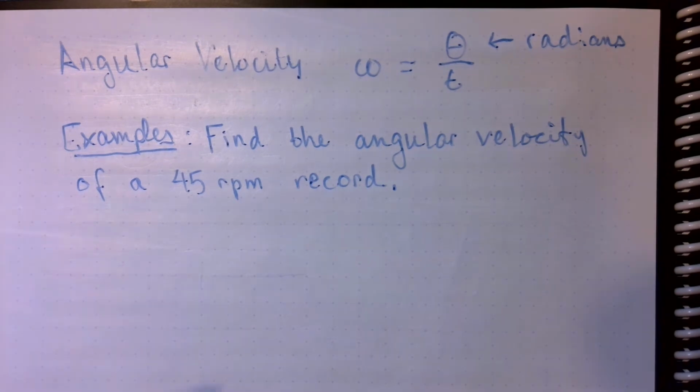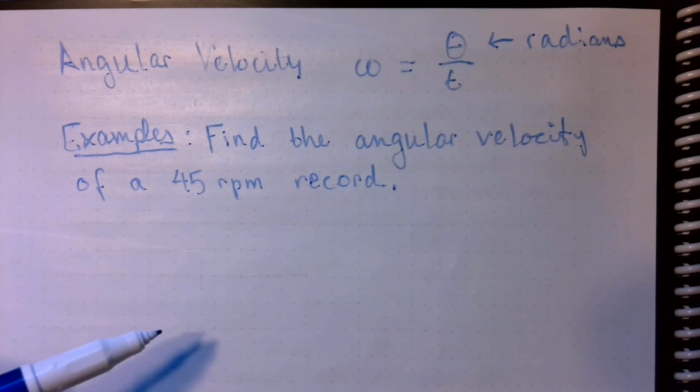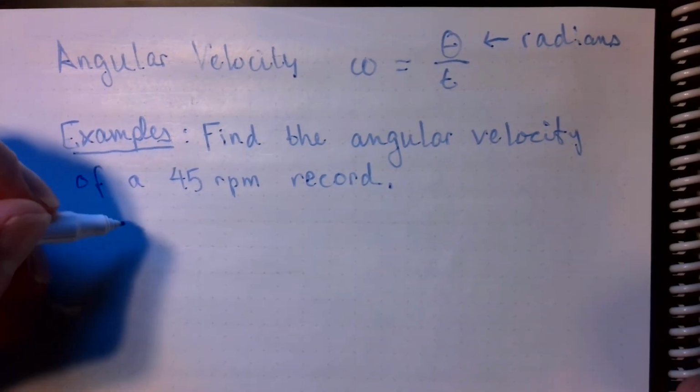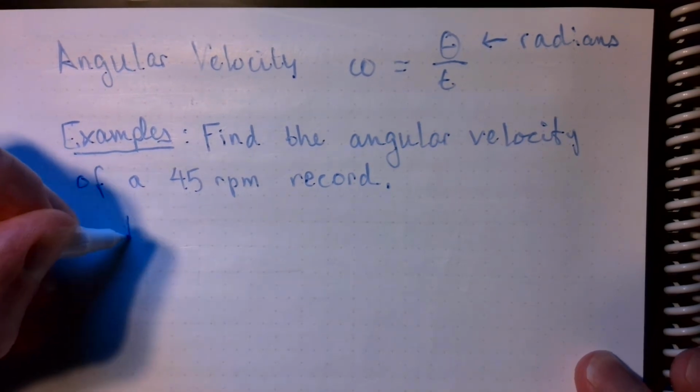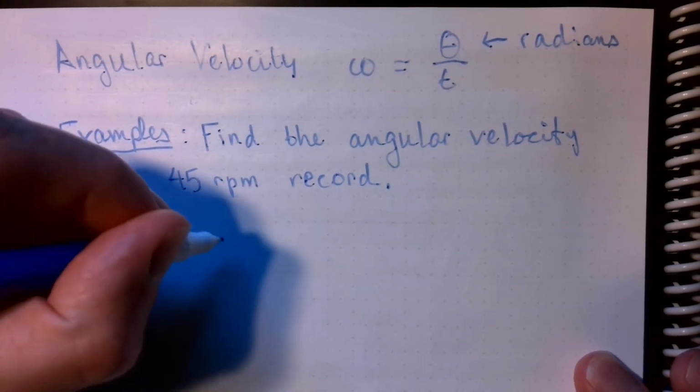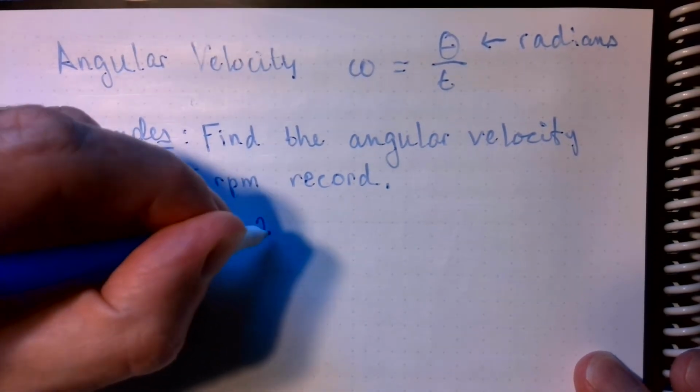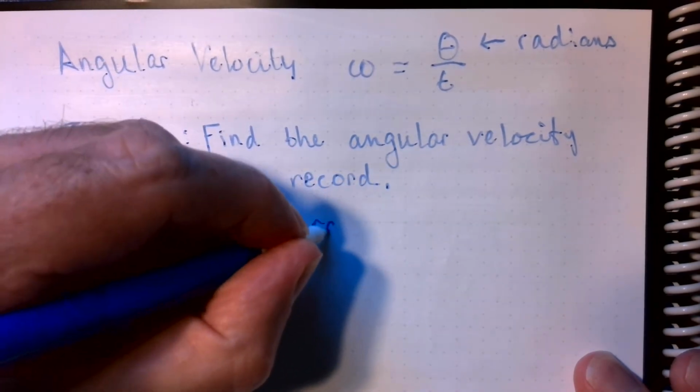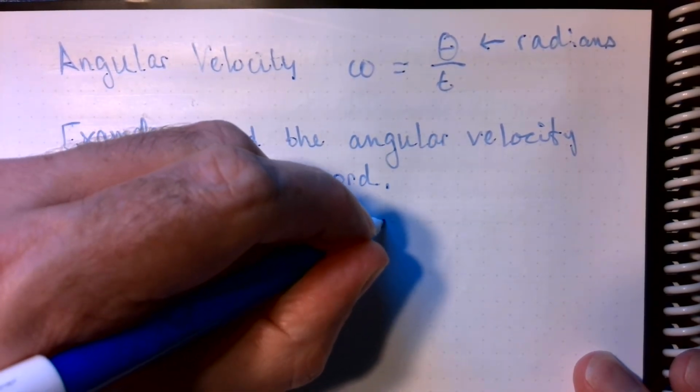Now we need to convert this to radians. Okay, so 1 revolution is equivalent to 2 pi radians.